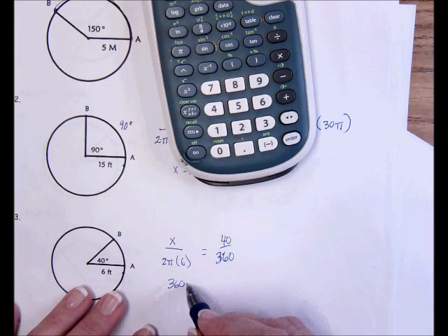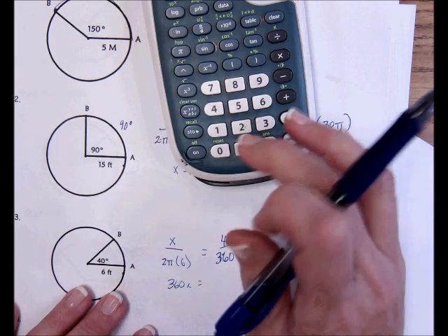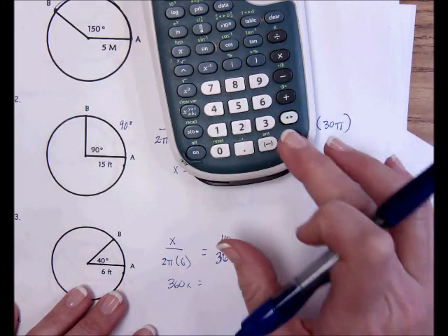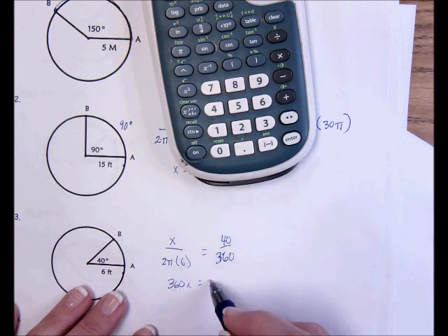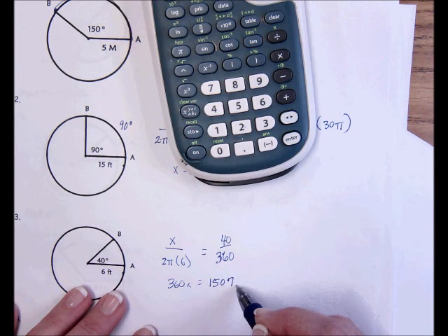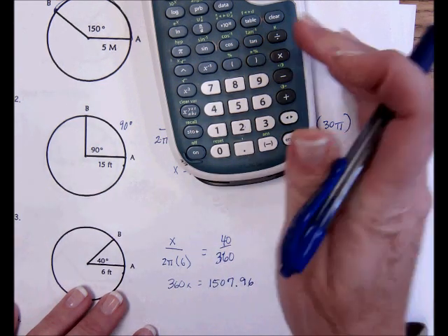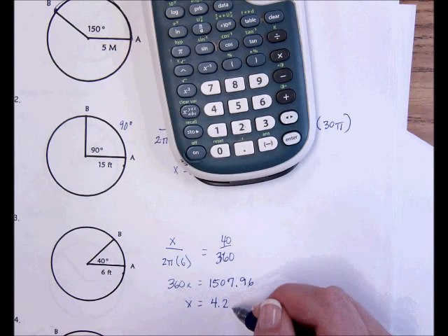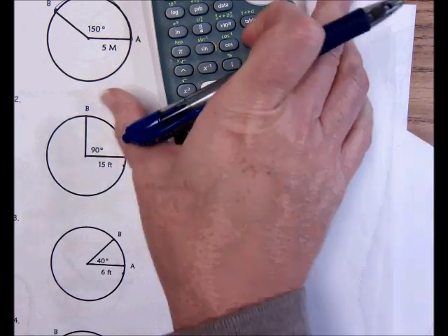I set the cross products equal to each other, and that's 2 times 6 times 40 times pi, which equals 1,507.96. Divide that by 360, and so x in this situation is 4.2. The length is 4.2 feet.